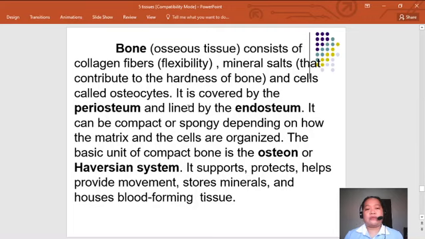So it can be compact or spongy depending on how the matrix and the cells are organized. The basic unit of the compact bone is called the osteon, or the Haversian system. It supports and protects, helps provide movement, stores minerals, and also houses blood-forming tissue.